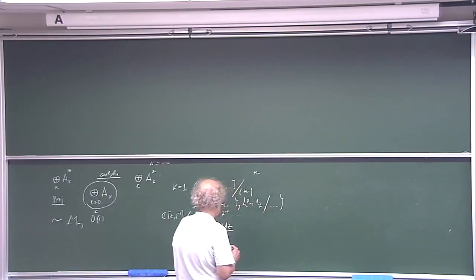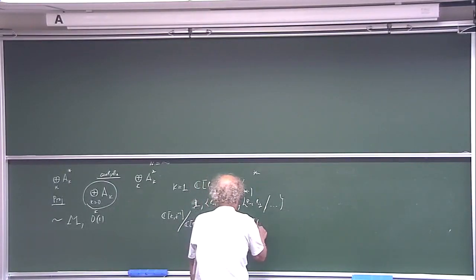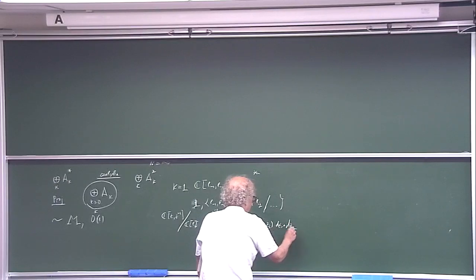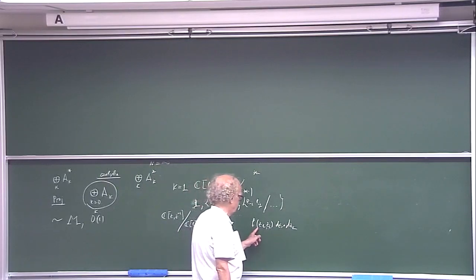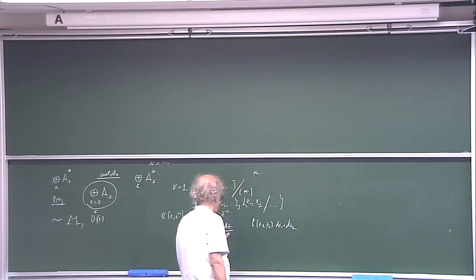By the same reasoning, it is very natural to identify it with an object like this. The notation is bad, but I do not know a different one. So this thing is a symmetric power of this.